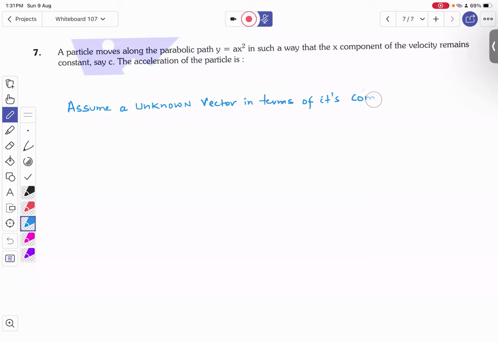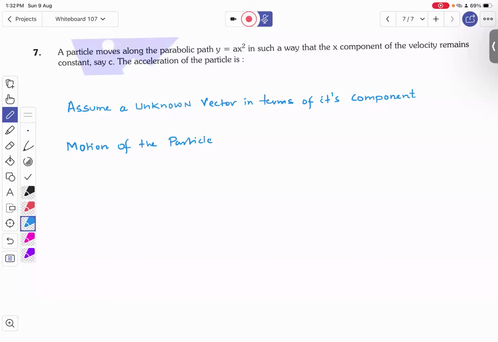Once you clearly know what you really have to find, only then can you find it. If the problem itself is not clear, how will you find the solution? So to assume an unknown vector in terms of its components, I must guess what components the given vector can have. The motion of this particle is in what plane? The XY plane. So he is living in the XY plane, doing everything in the XY plane.